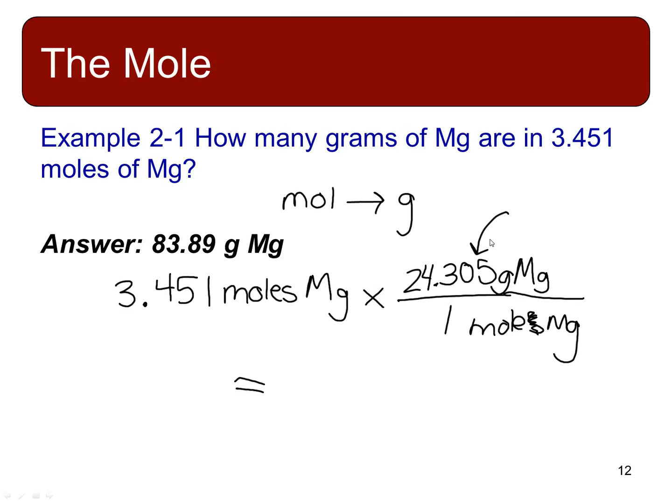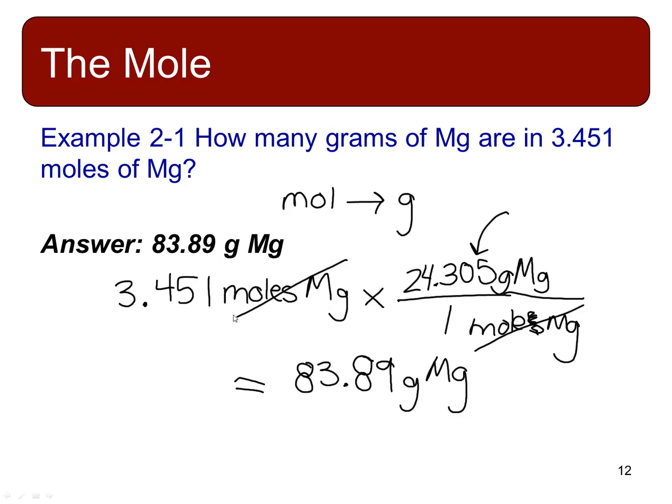So it ends up giving us 83.89, it looks like. So these units cancel, and we're left with grams of magnesium in the numerator, and that is our answer.